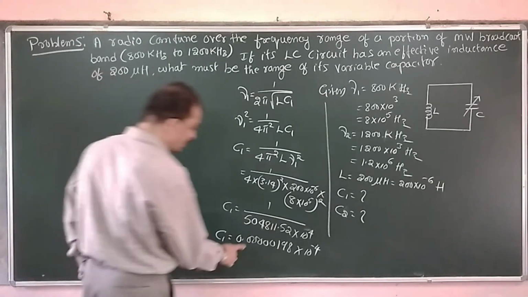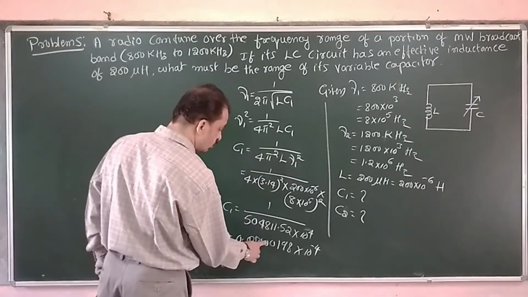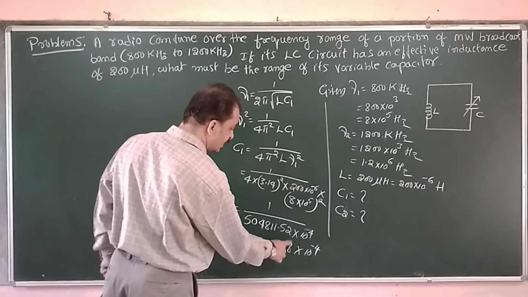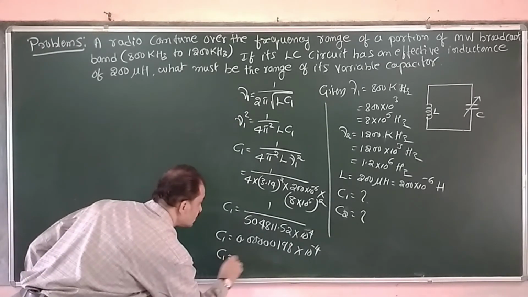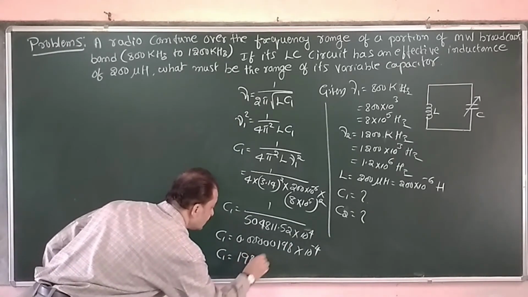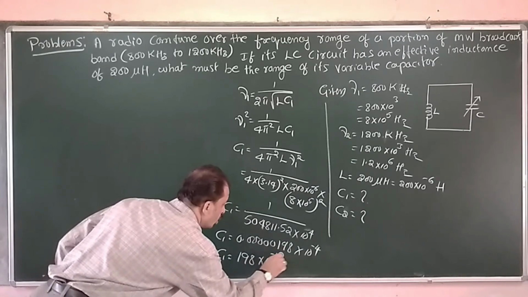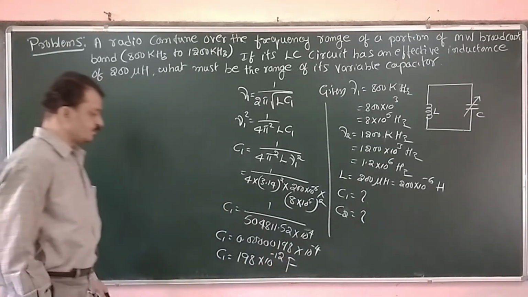Now if I rearrange the terms, I am getting C1 is equal to 198 into 10 to the power of minus 12 farads.